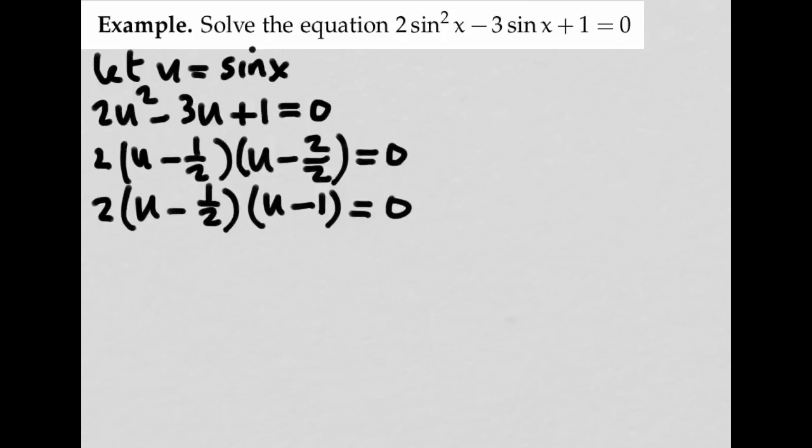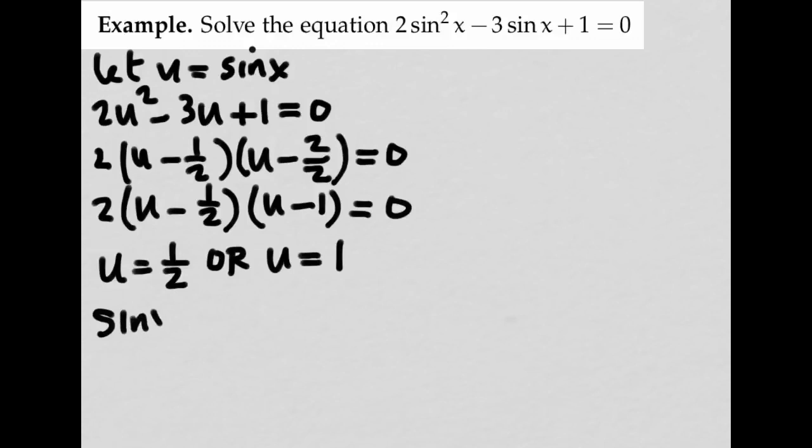This means that u equals 1 half or u equals 1. But remember, u is sine x. So we have sine x equals 1 half or sine x equals 1.